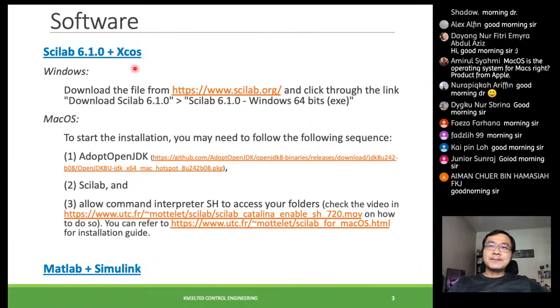Whereas if you are a Mac user, meaning Apple MacBook or whatever it is, then you have to refer to the Mac OS, right? So Mac OS is the operating system for the MacBook and so on. If you are using that, then you need to install several additional things in sequence, right? So you may have to install the Java development kit first, through the link.